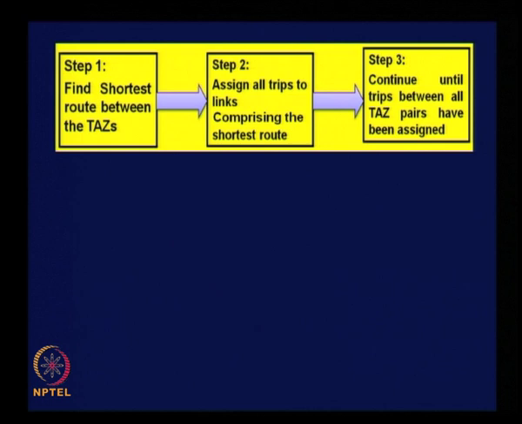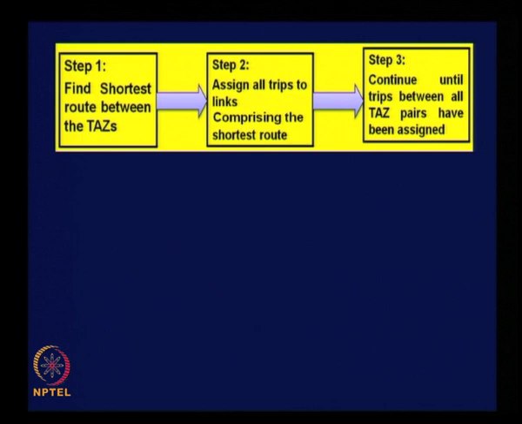So, find out the shortest path between the centers of traffic analysis zones. Step 2, assign all trips to links comprising shortest route, right, and nothing to other routes, right. That is why it is all or nothing assignment technique.